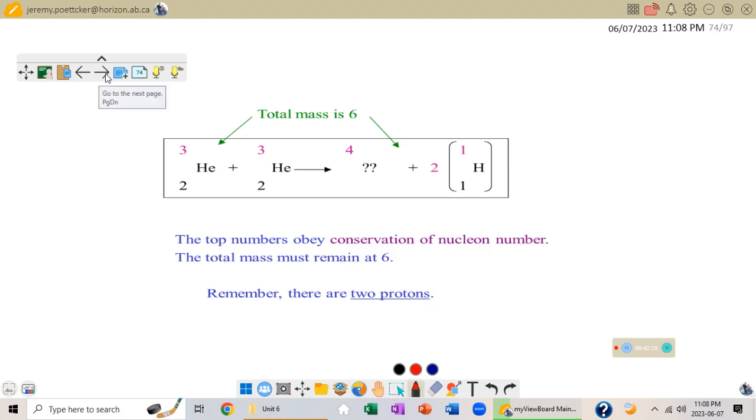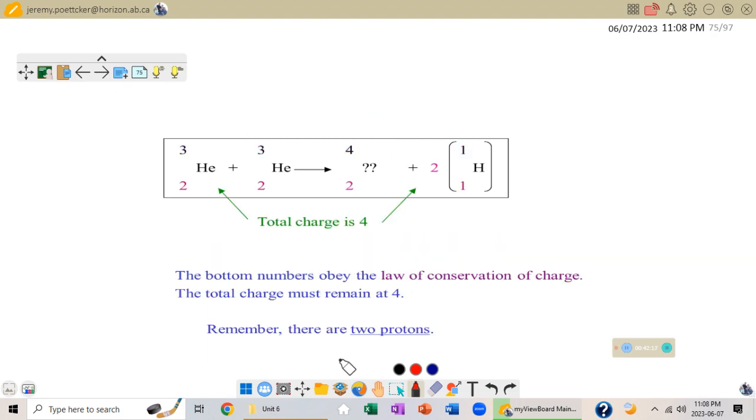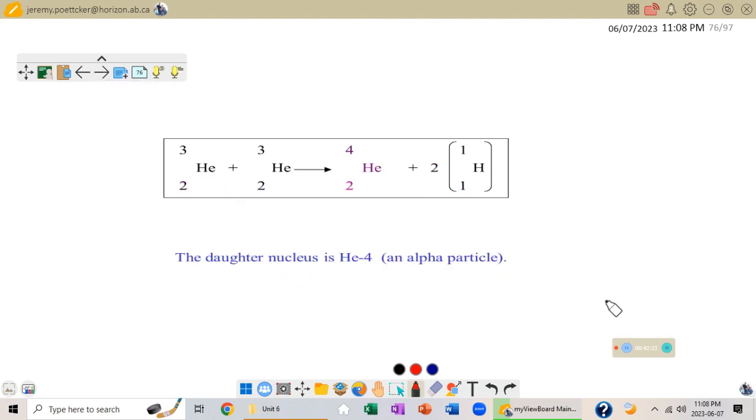Lovely, there we go. Total charge has to be 4. So the daughter nucleus is a helium-4. So it's some kind of fusion-y thing, because this is technically bigger than either of these. Right? It has an extra neutron in the nucleus.